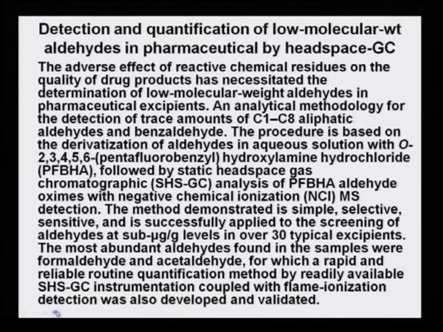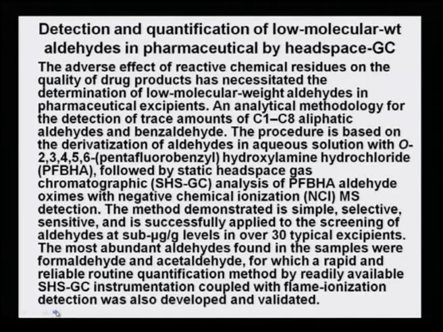The most abundant aldehydes found in the samples were formaldehyde and acetaldehyde, for which a rapid and reliable routine quantification method by readily available SHS GC instrumentation coupled with flame ionization detection was also developed and validated.